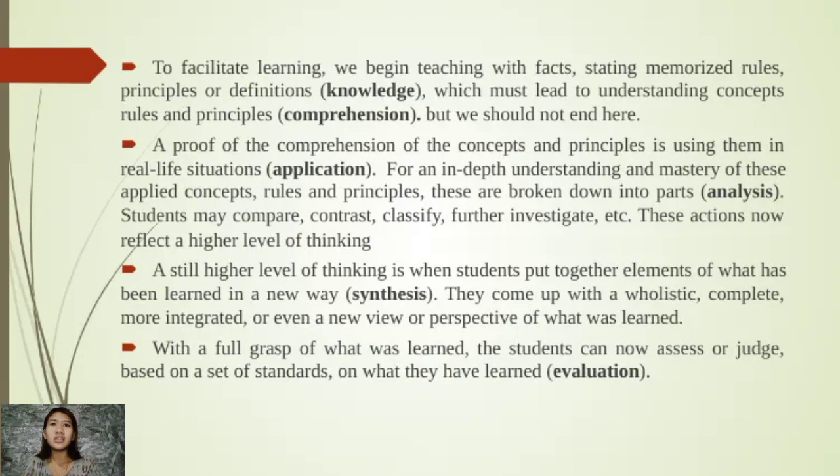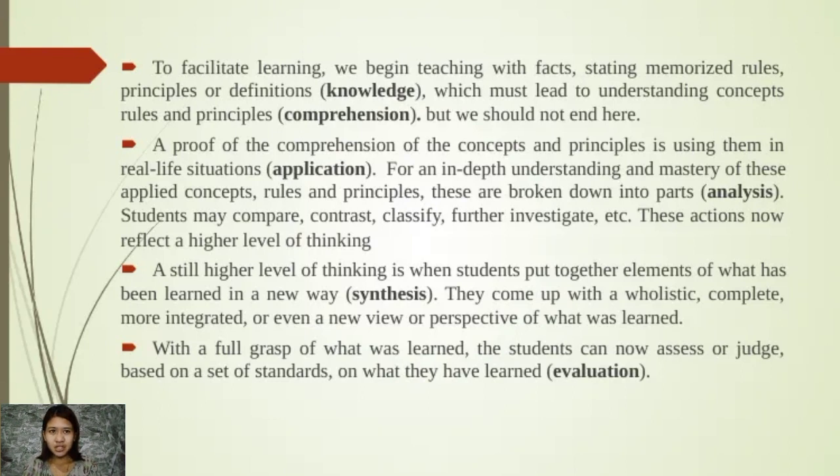The knowledge begins with facts, stating memorized rules, principles, or definitions. That's the knowledge. And the second one is the rules and principles, the comprehension, the concepts of rules and principles. The third one is when using them in a real life situation. It's the application. The analysis are these broken down into parts.